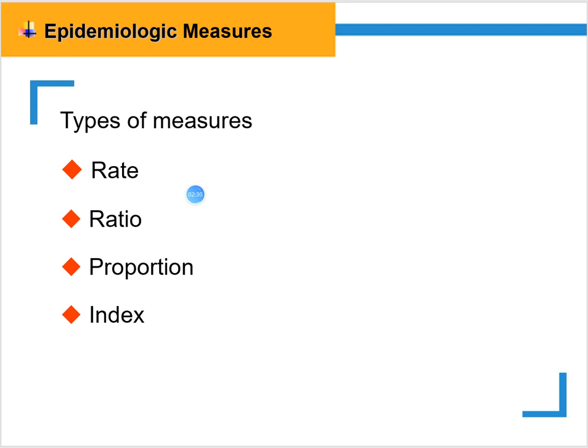Rate will be introduced in this class, and ratio, proportion, and index are on pages 22 and 23 of the Epidemiology textbook. You can teach yourselves.